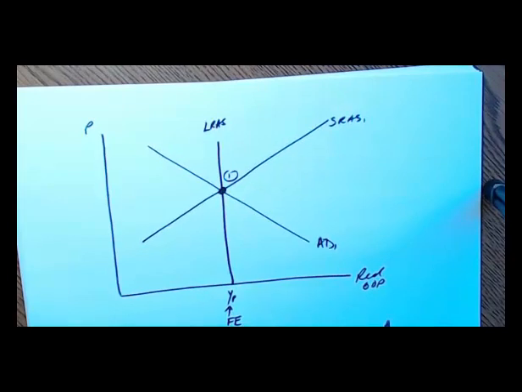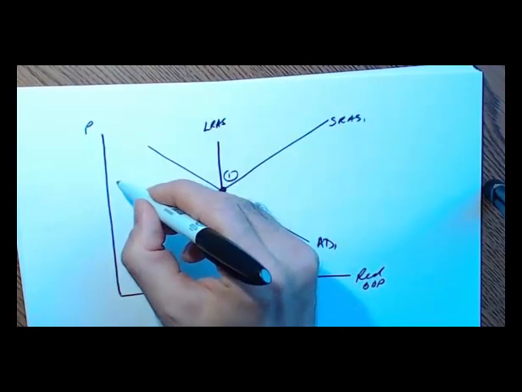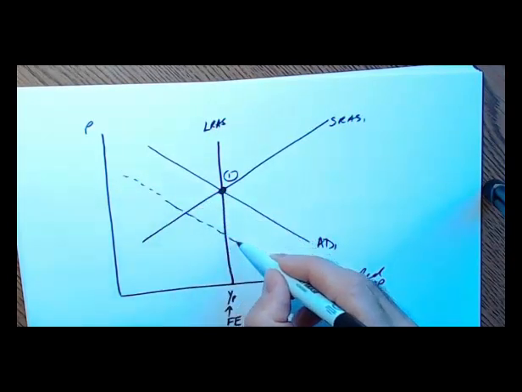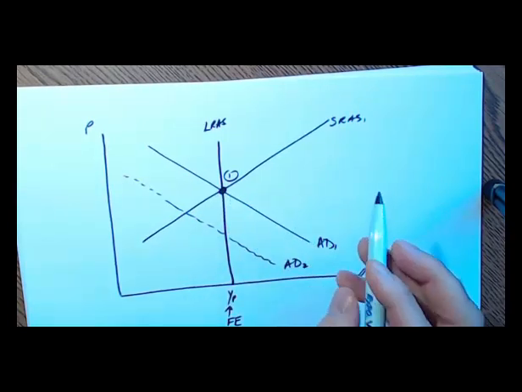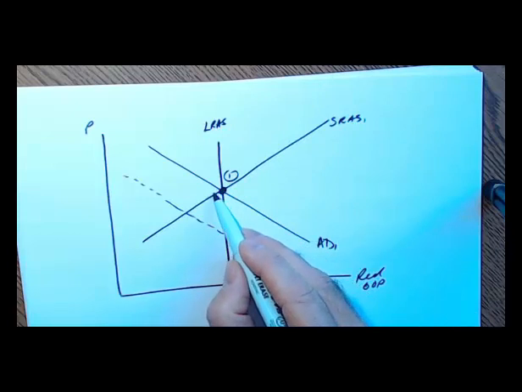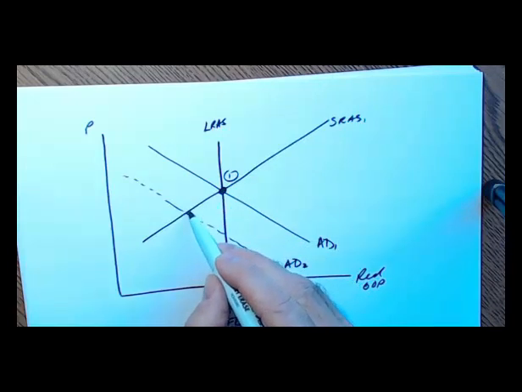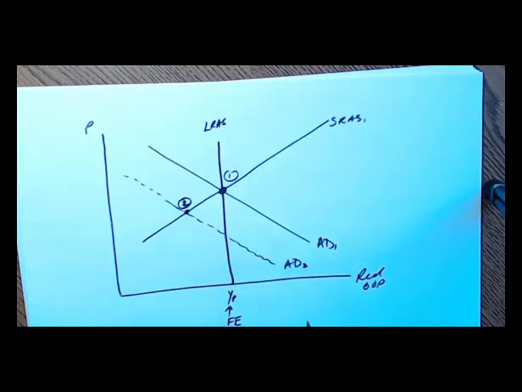And let's assume that the economy gets hit with a negative demand shock, like the one we talked about in the Great Depression. So aggregate demand goes from point 1 to point 2. And as I showed you earlier, that would mean a slide down this aggregate supply curve to point 2.